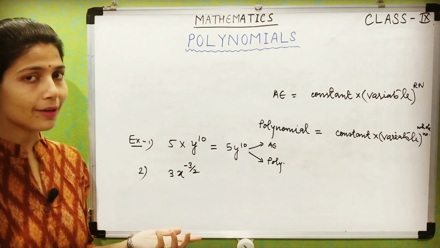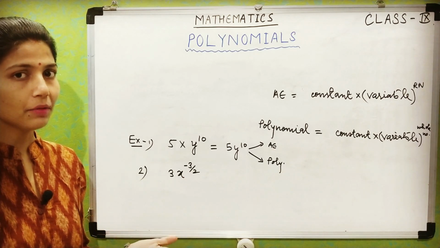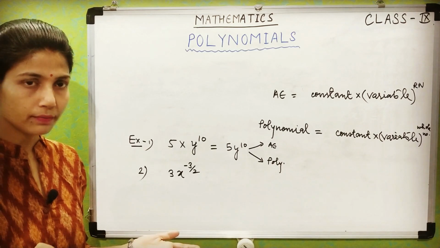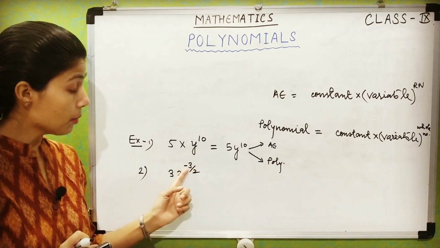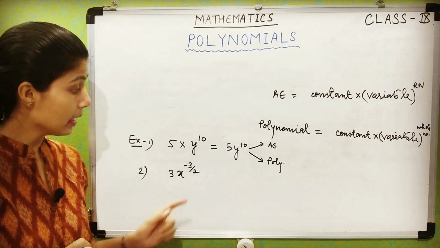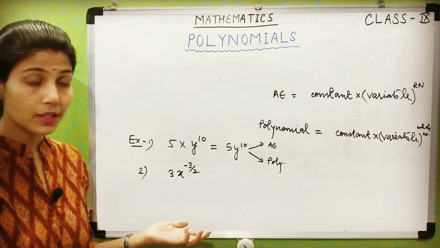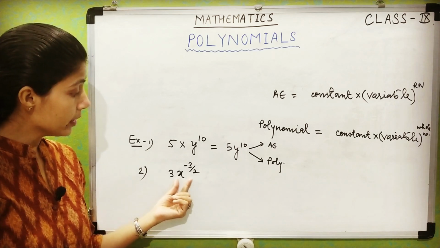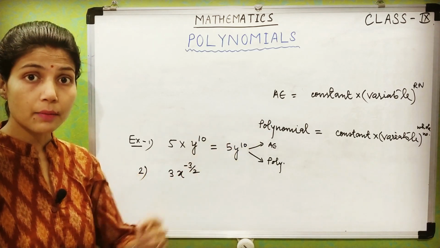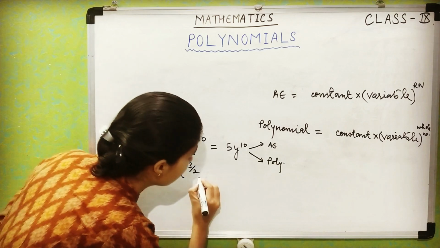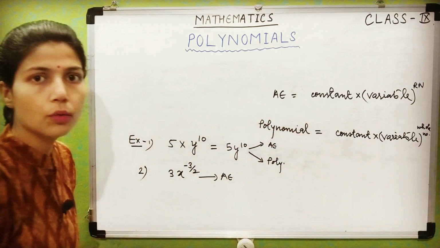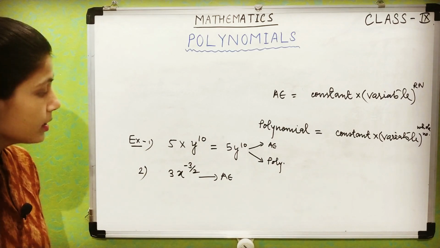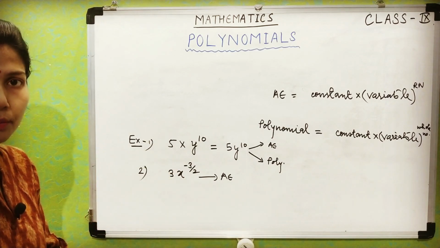Whole numbers are what? All the non-negative integers including 0. But here minus 3/2 means this is in the form of p upon q, okay, and p and q are integers. So it is fulfilling the definition of an algebraic expression. So it will be an algebraic expression but not a polynomial, because here the power is not a whole number.